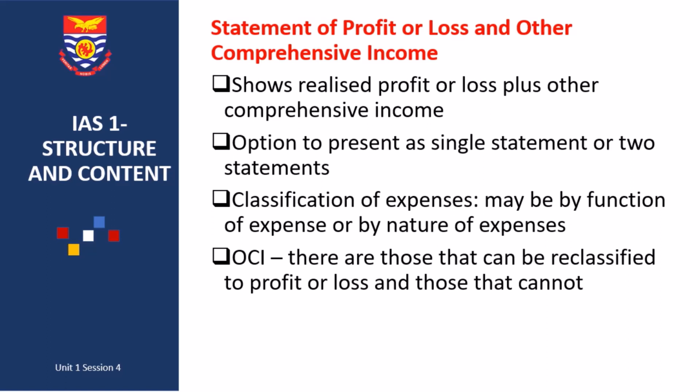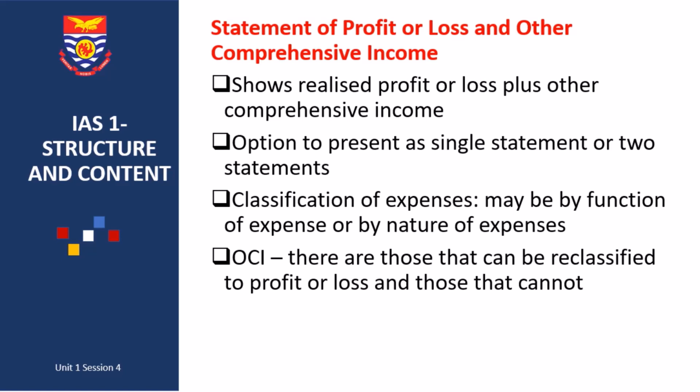Now, when it comes to the statement of profit or loss and other comprehensive income, we look at the classification of expenses. An expense may be classified by function or by nature. So we have classification by function of expense or by nature of expenses. Then we have the other comprehensive income, and there are items that can be reclassified to profit or loss, and those that cannot be reclassified.